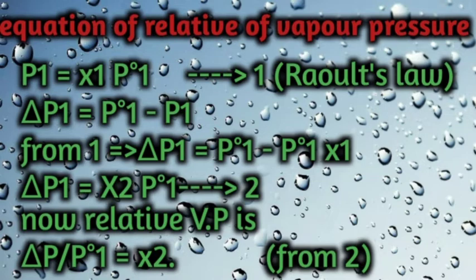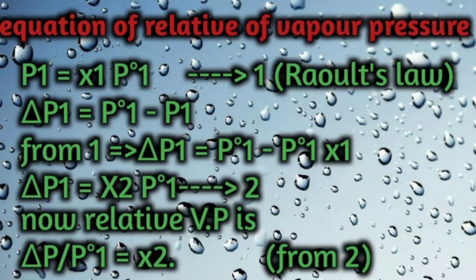From the first equation we get that delta P1 equals P01 minus P01 x1. We just substituted the first equation in the second equation and we got the third one, and from that we are trying to understand the fourth one, that is delta P1 equals x2 P01.